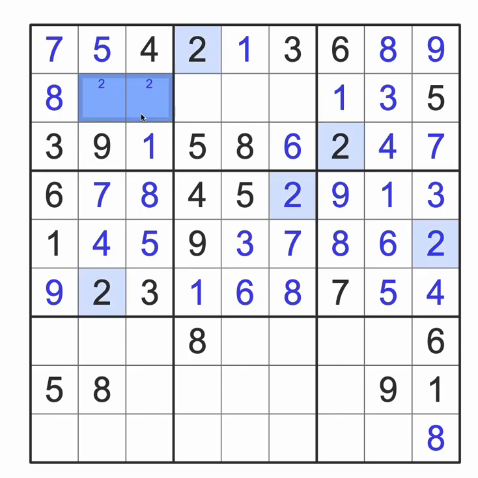These are 2 and 6. So 2 here makes this cell 6, and this is 2. These are 4, 7, 9. 4 and 9 here block this cell, gives me 7.